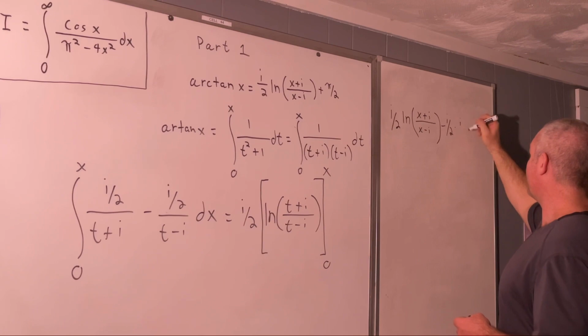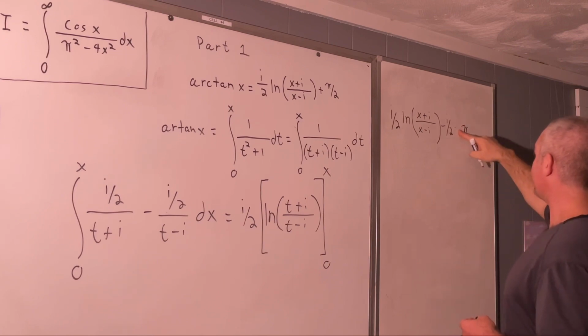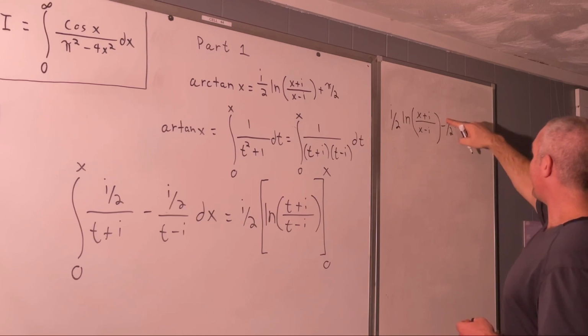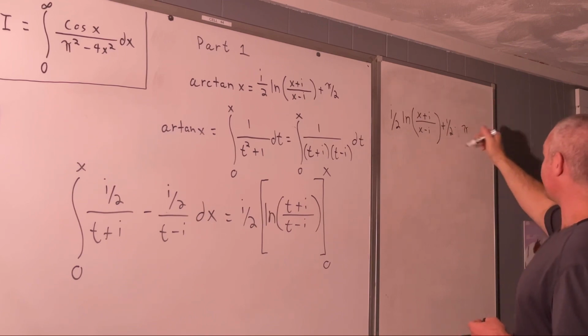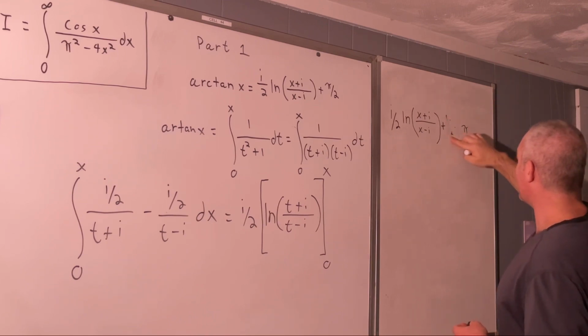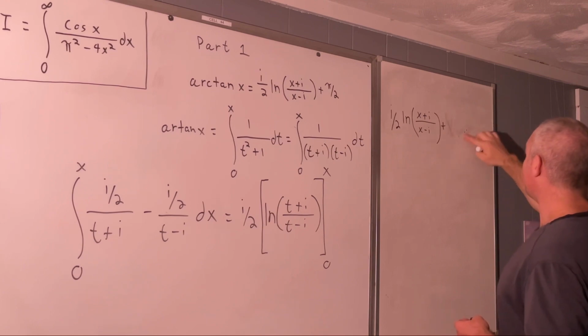Times i pi. This i and this i combine to make this a positive. Then we have pi times 1 over 2, or simply pi over 2, and we're done.